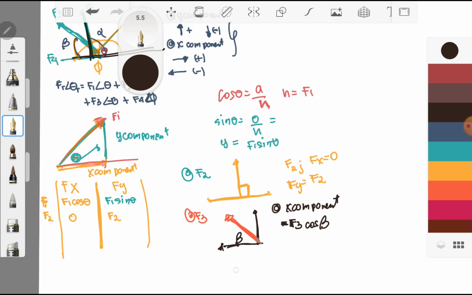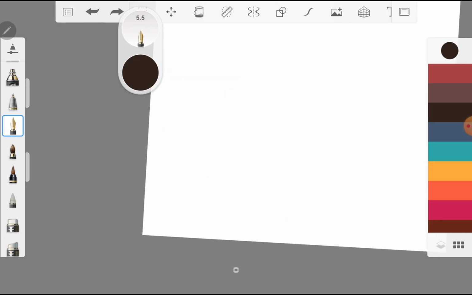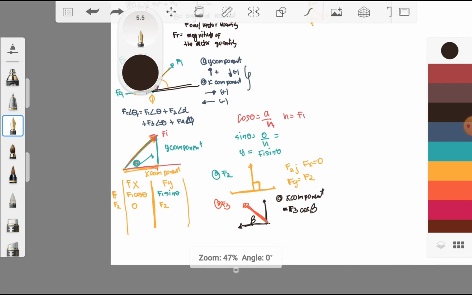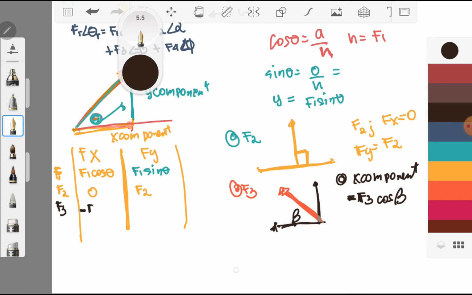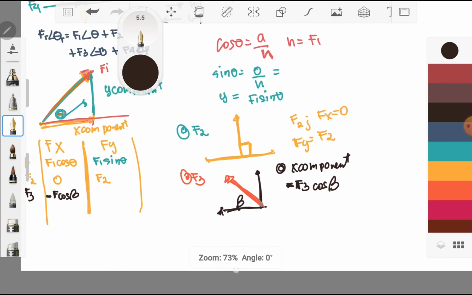So why is it negative? Because it is going to the left. So your F3 has negative F3 cosine beta. And then at the y component, the y is going up, so this is positive. Therefore we have F3 sine beta, from SOHCAHTOA.